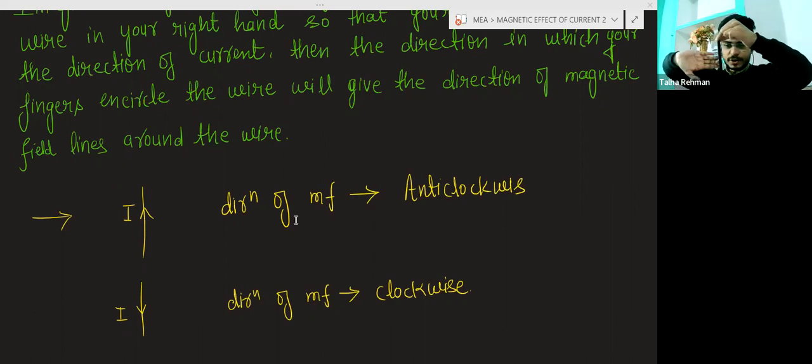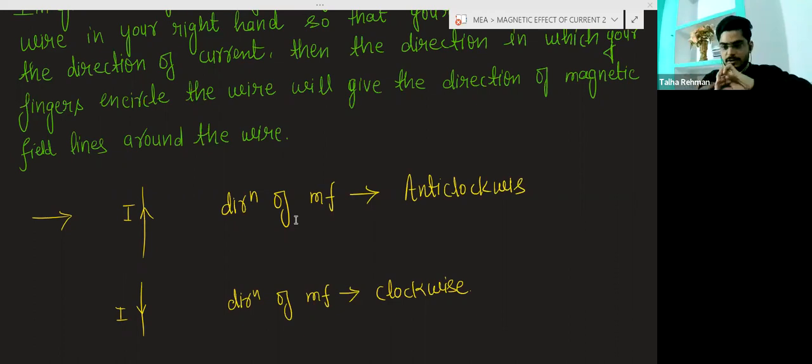Now the current is in the downward direction. Your thumb should be towards the direction of the current, and now hold the wire. Simple thing I am telling you: first put your thumb towards the current. If the current is upward, put the thumb upward, and then hold the wire. The direction in which your fingers encircle will give the direction of the magnetic field.